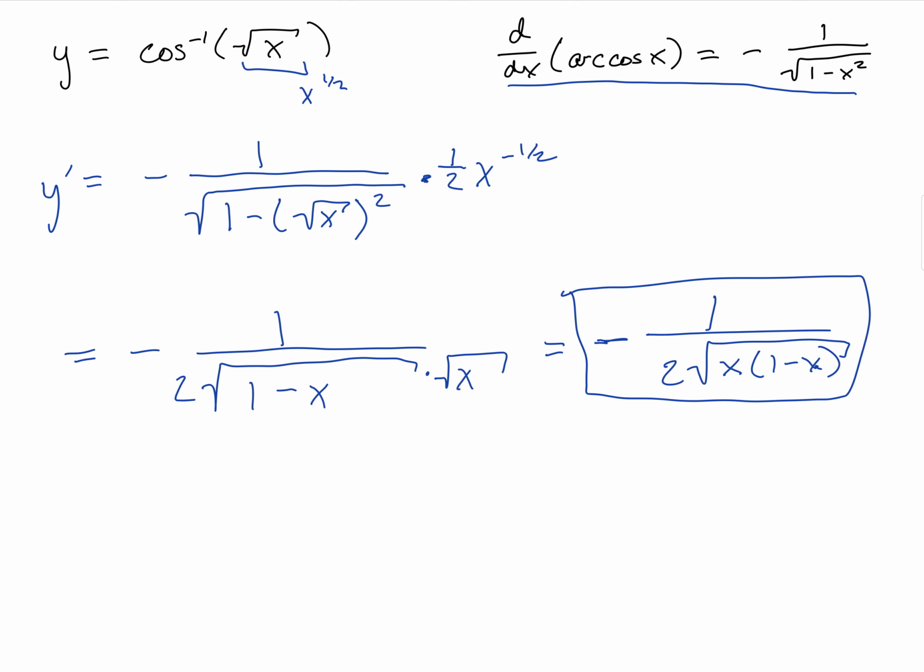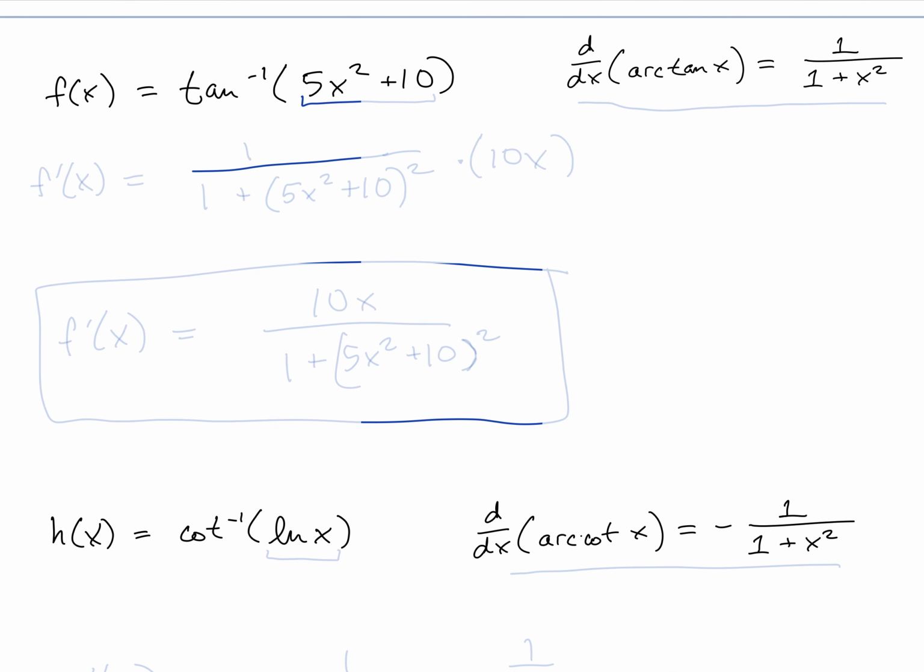For tangent inverse of 5x squared plus 10, we have our derivative of tangent inverse, or arc tangent of x, over here. Again, chain rule, this is the inside function. So f prime of x is 1 over 1 plus the inside, 5x squared plus 10, squared, multiplied by the derivative of the inside, which is 10x.